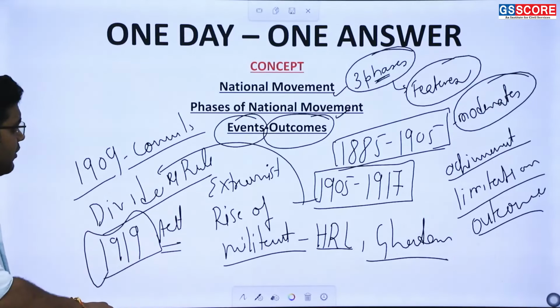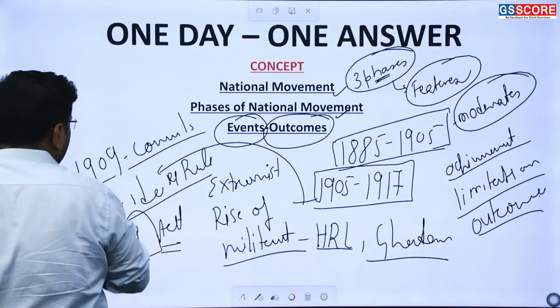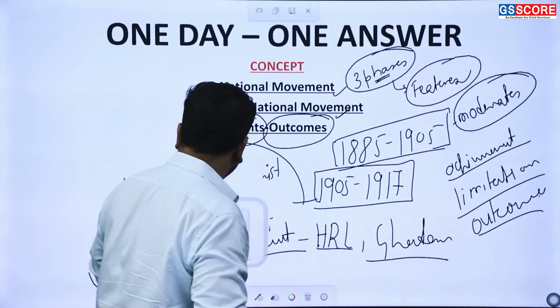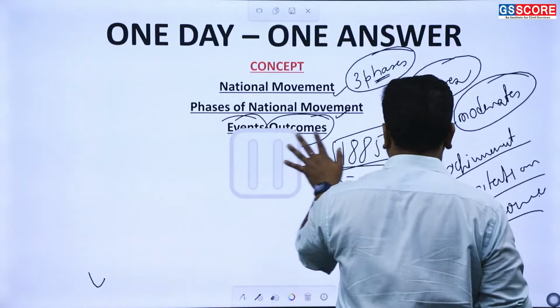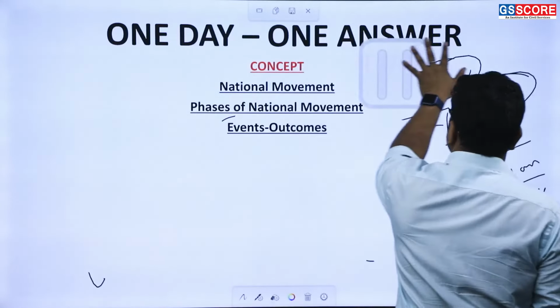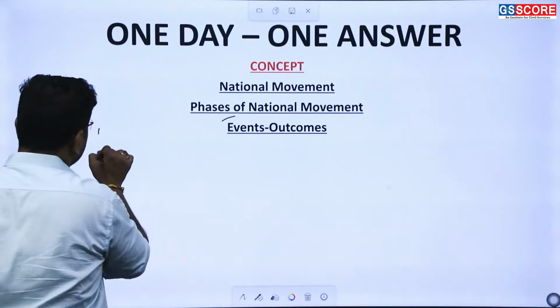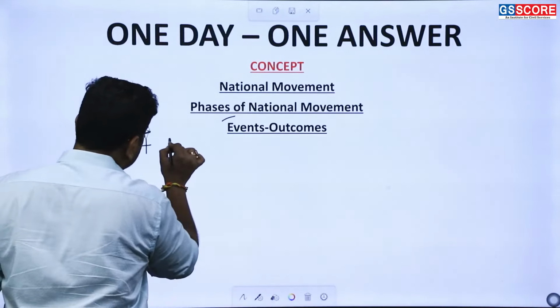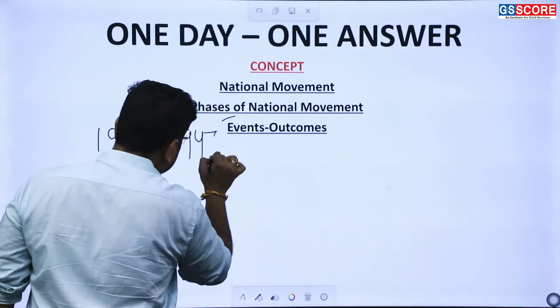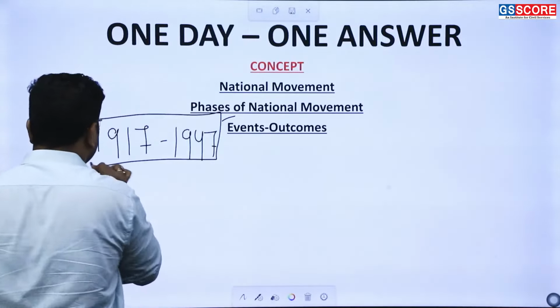Okay. Now the phase number 3, from 1917 onwards, will be dominated by Gandhiji. Gandhiji came to the scene and the national movement acquired a new shape, and in that shape two important events occur.